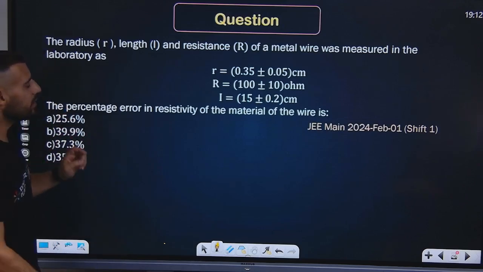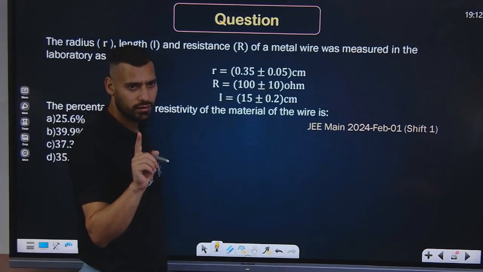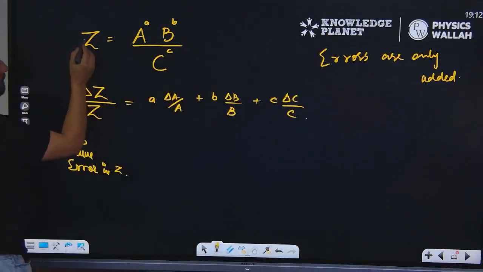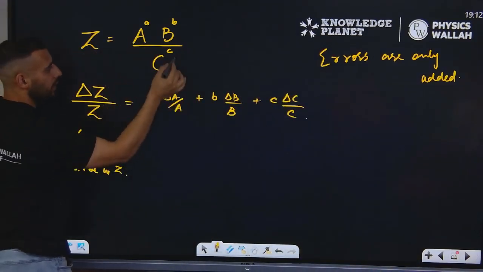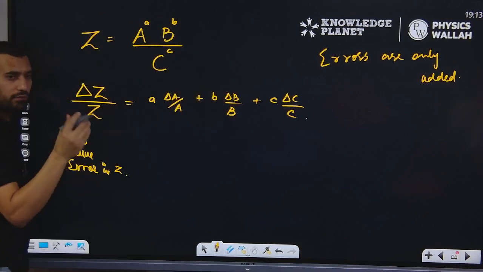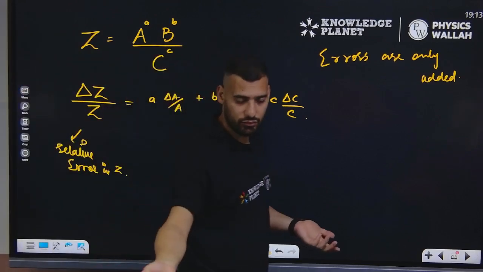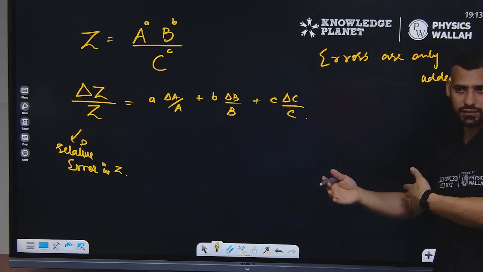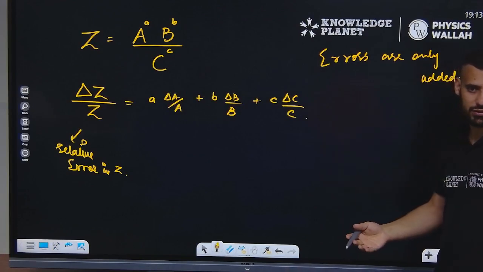The absolute error in Z is delta Z, in A is delta A, in B is delta B, in C is delta C. It is mean value minus measured value. So there is some theoretical value and some measured value. We need to take the difference. That is the absolute error. Right?